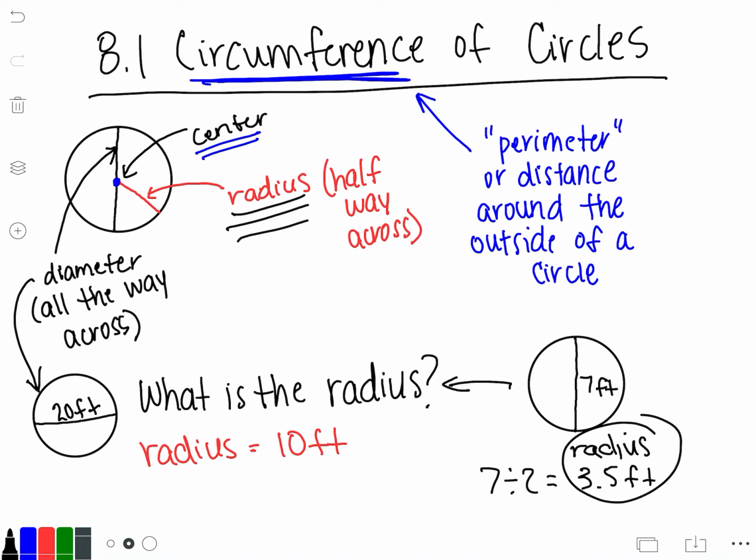So pause it if you need to. And this time I'm going to go backwards. So instead of giving you the diameter, I'm going to give you the radius. So draw a circle here. Oops. There we go. So halfway across this time, let's say I tell you this is 8 meters.